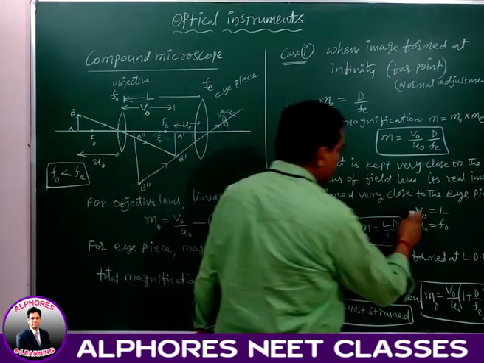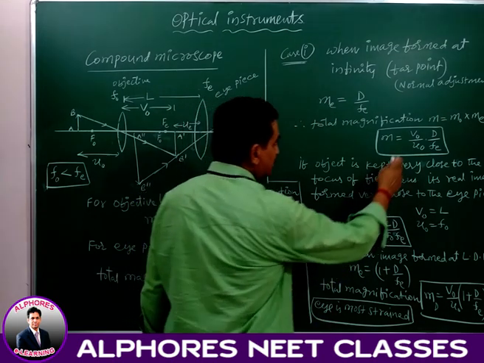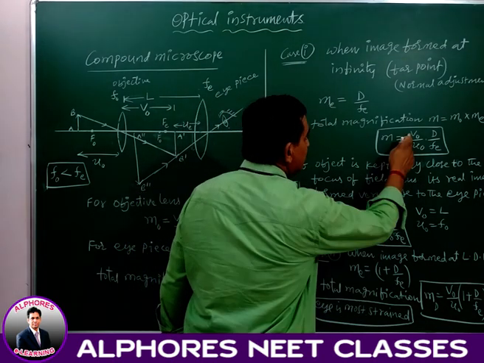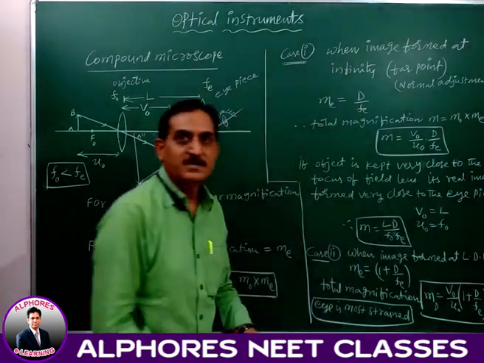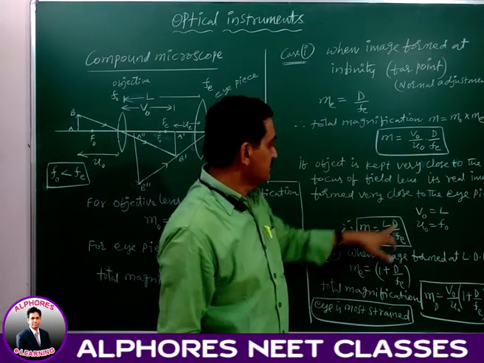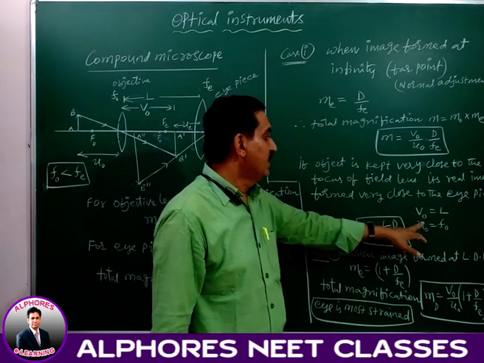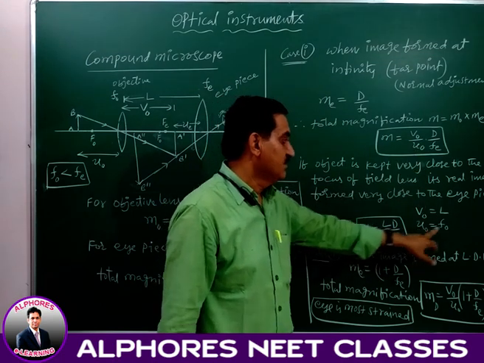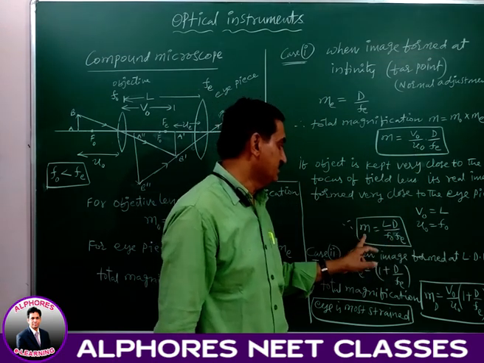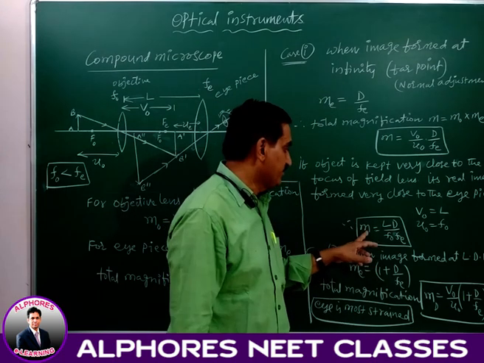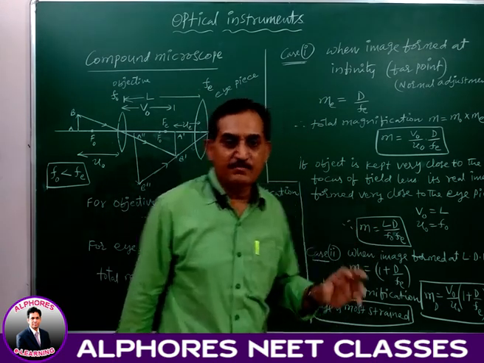Therefore v naught equals L. Now substituting this, v naught is L. Okay, it's very clear. Here D as it is, and u naught is f naught and Fe. This is the total magnifying power of the compound microscope.